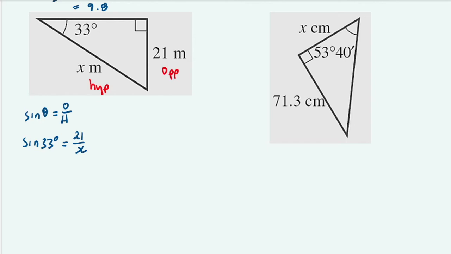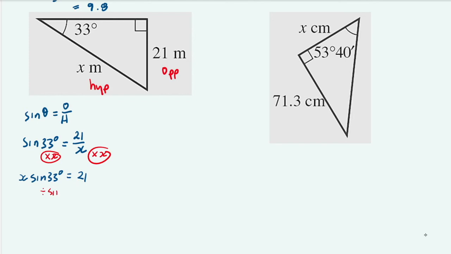Now, I could step this all the way through, and in fact, I will do that for this one. For the second one here, I won't do it. I'll just do this simple trick. For this one, we're going to times everything by x, which gets us x sine 33 equals 21. That's not really going to help us because we want x on its own.